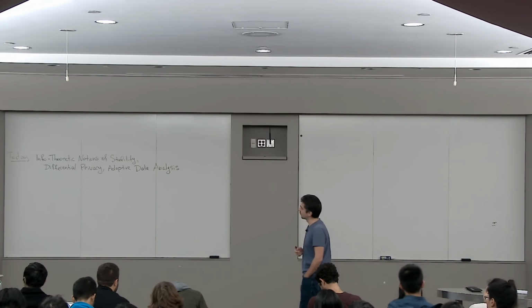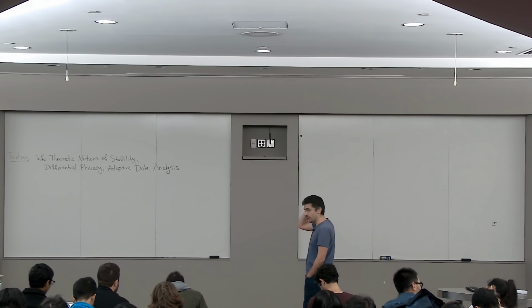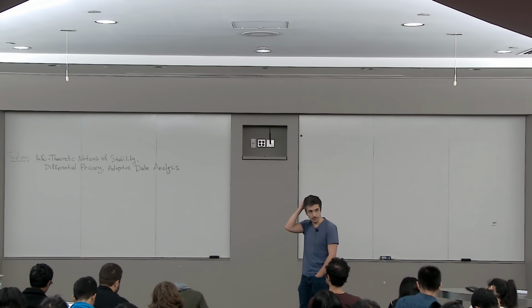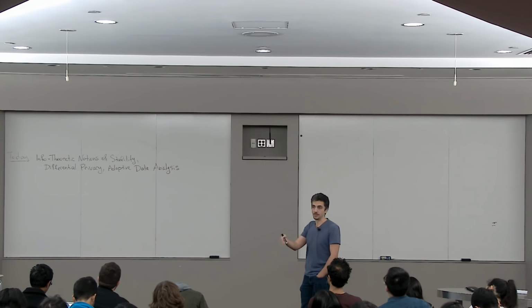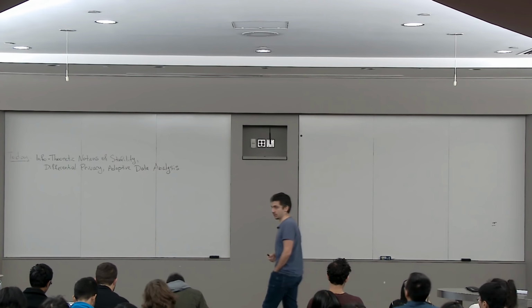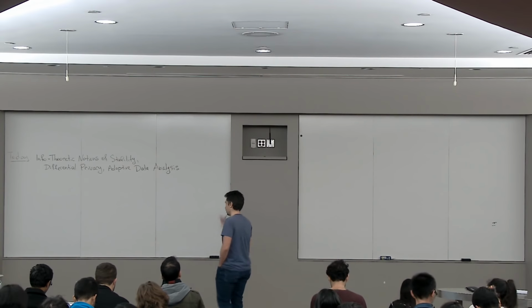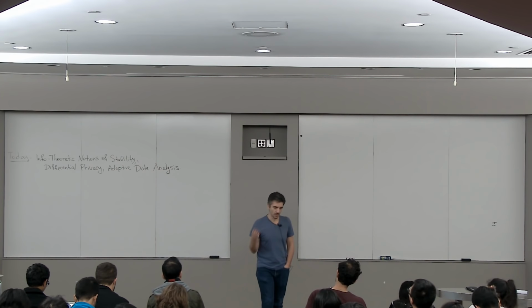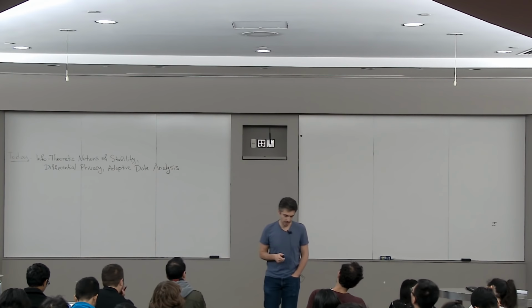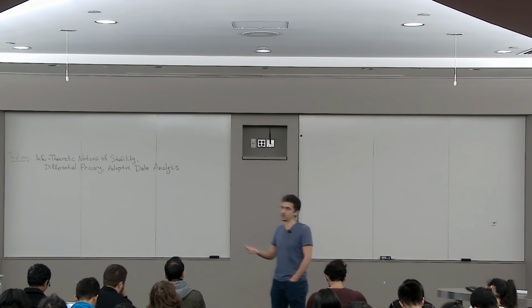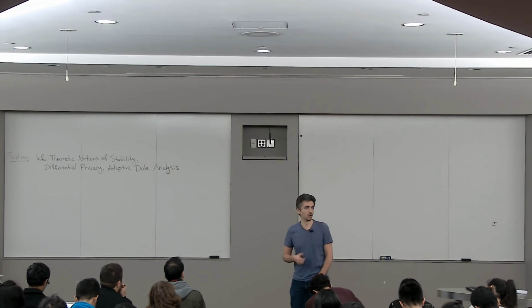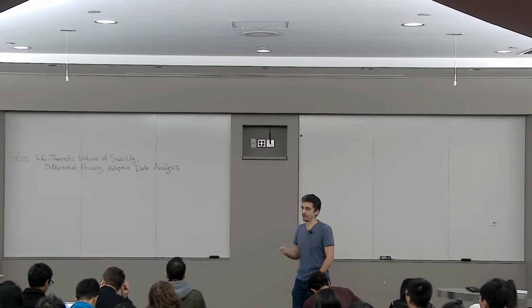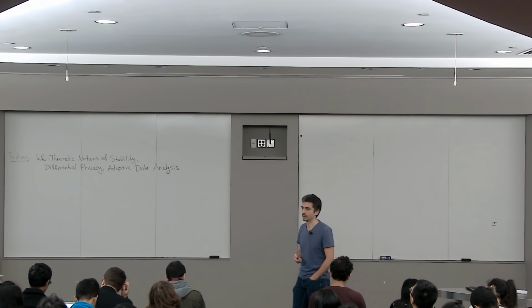I will mostly focus on various notions of information-theoretic stability and differential privacy as means of showing generalization, and we'll also talk about adaptive data analysis. I'm not going to talk about the various other aspects of differential privacy that are interesting in their own right. You can have a whole course on differential privacy.